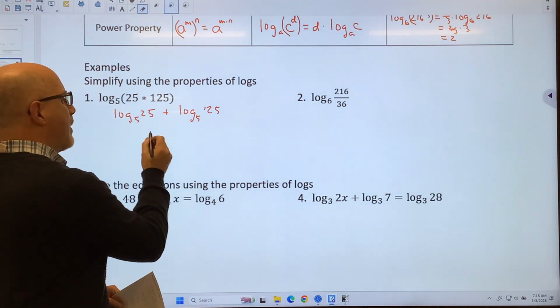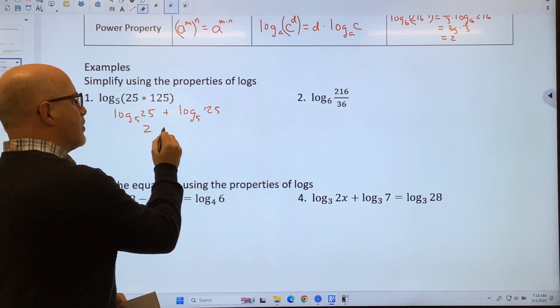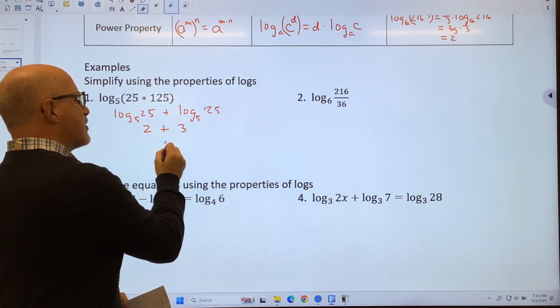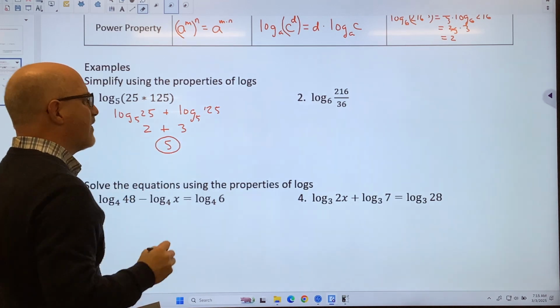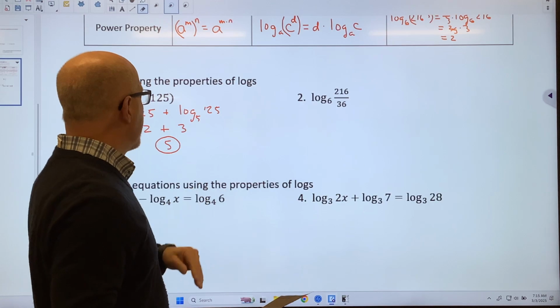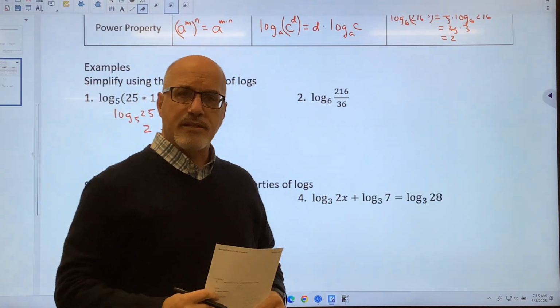Well, 5 to what power equals 25? That's a 2. 5 to what power equals 125? That's a 3. So I add those two together and I get a 5. If you were to multiply these together and take log base 5 of that, that's what you would get.